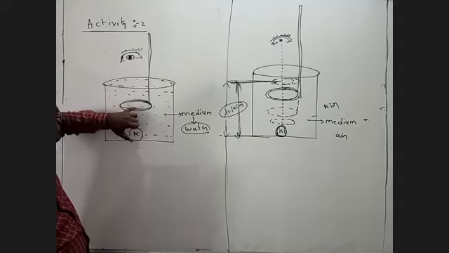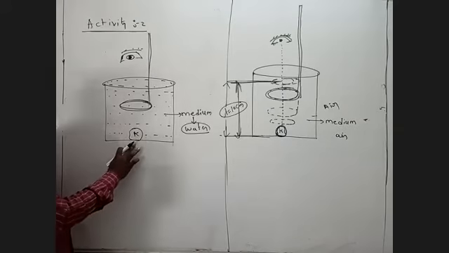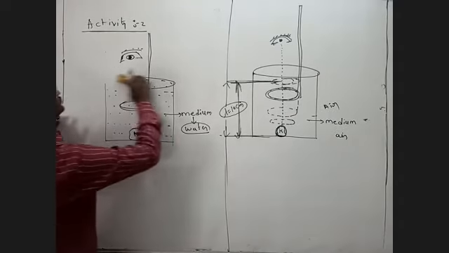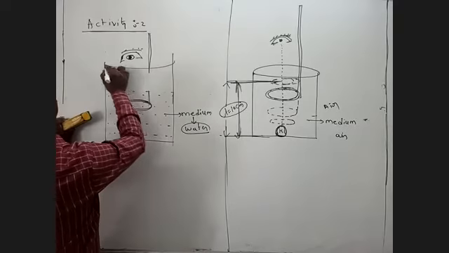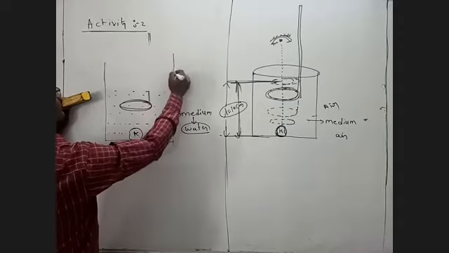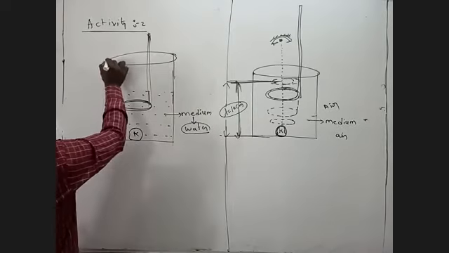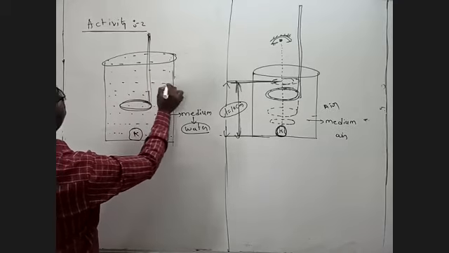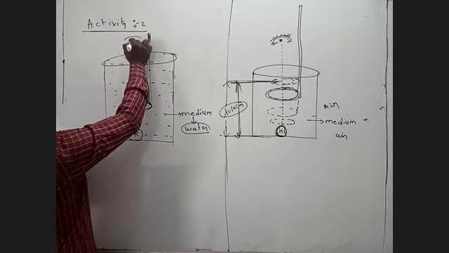I'm seeing the K letter through the convex lens. I'm seeing the K letter very clearly. This vessel is filled with water up to the top.